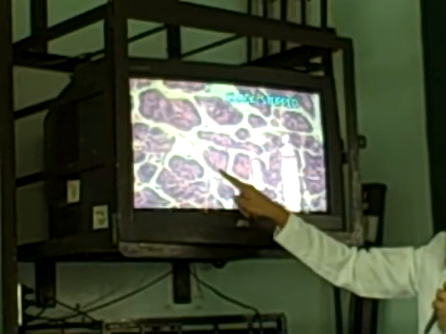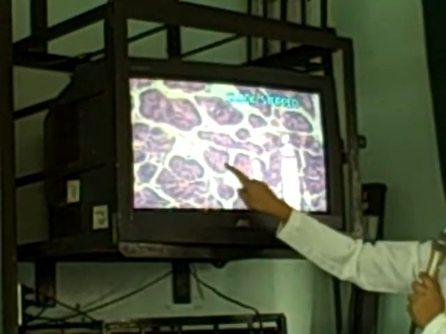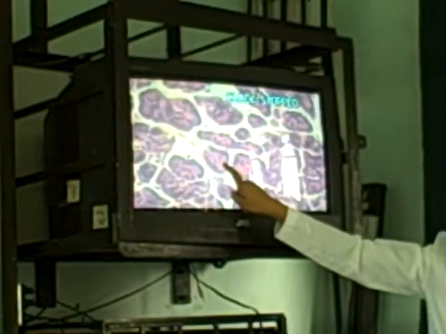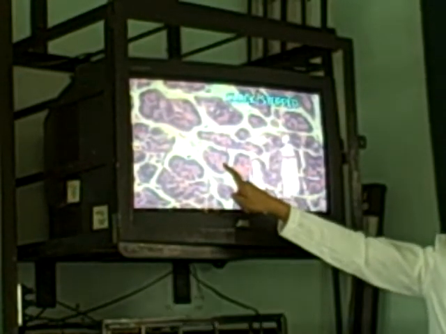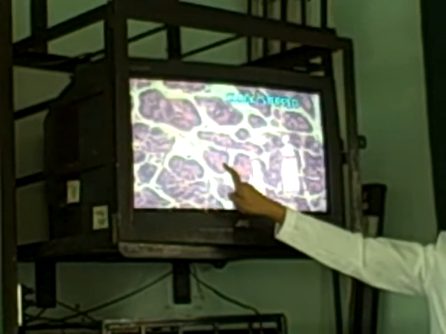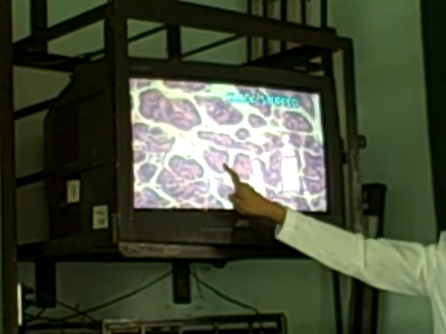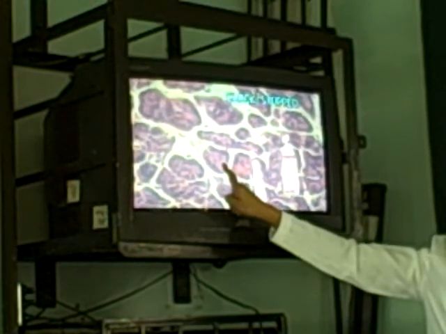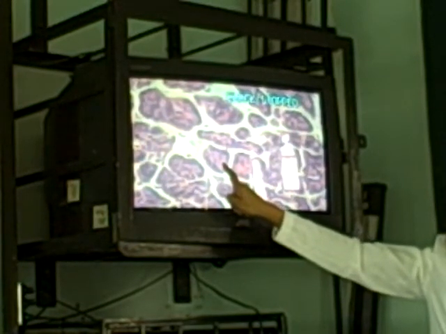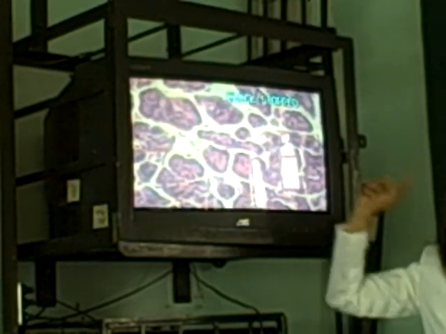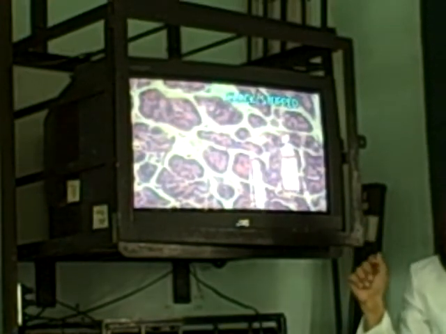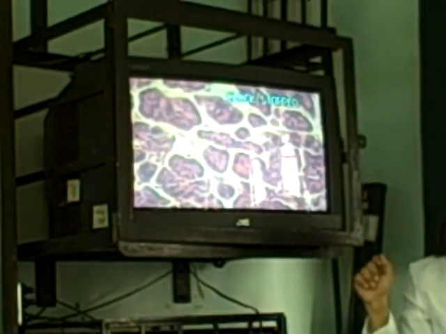Individually, you have the acinar cells, the secretory cells, and you can identify a light-stained nucleus at the center of the lumen, which is actually your centroacinar cell. This is also characteristic of your pancreas if you compare it with your parotid gland.